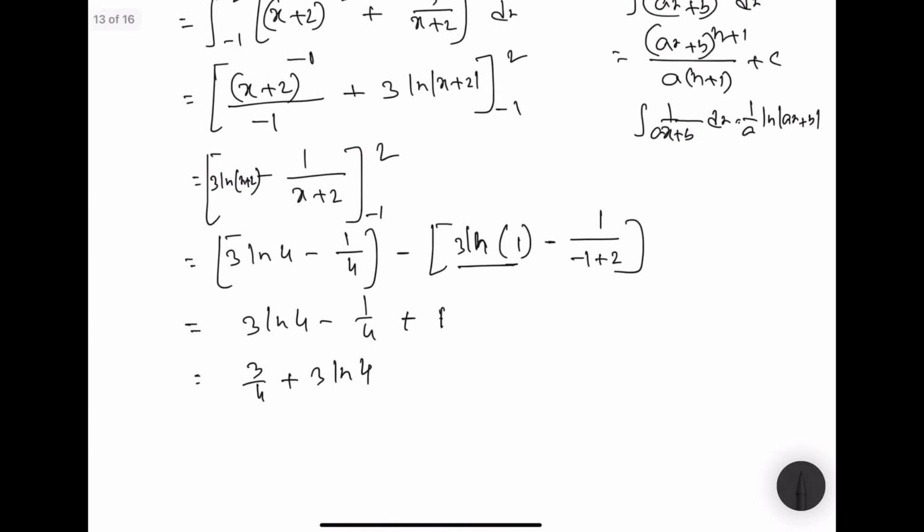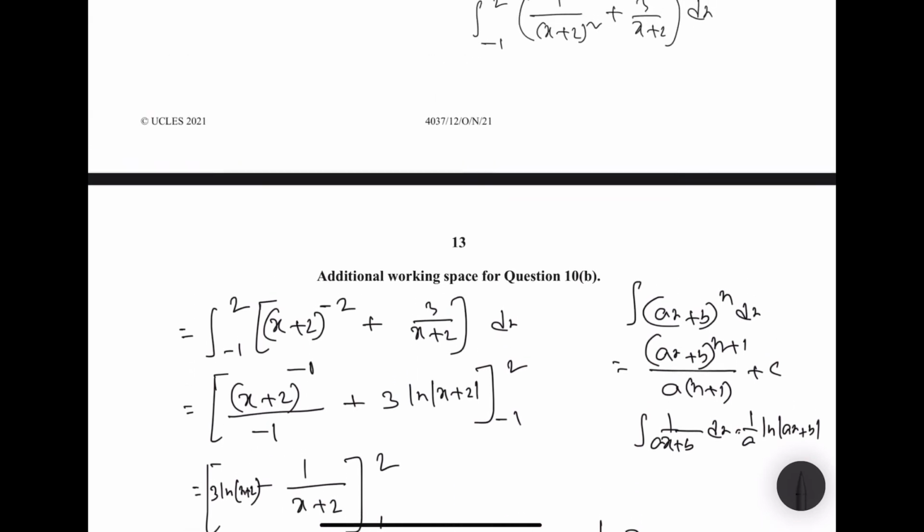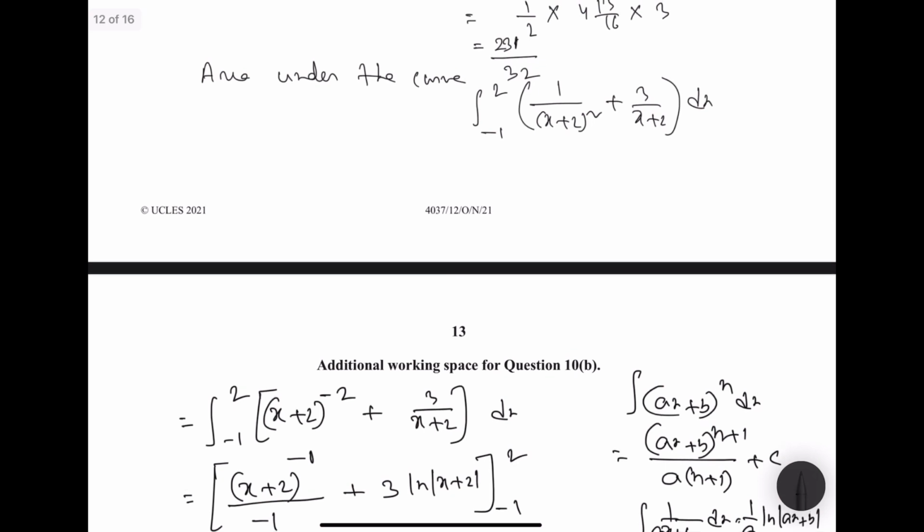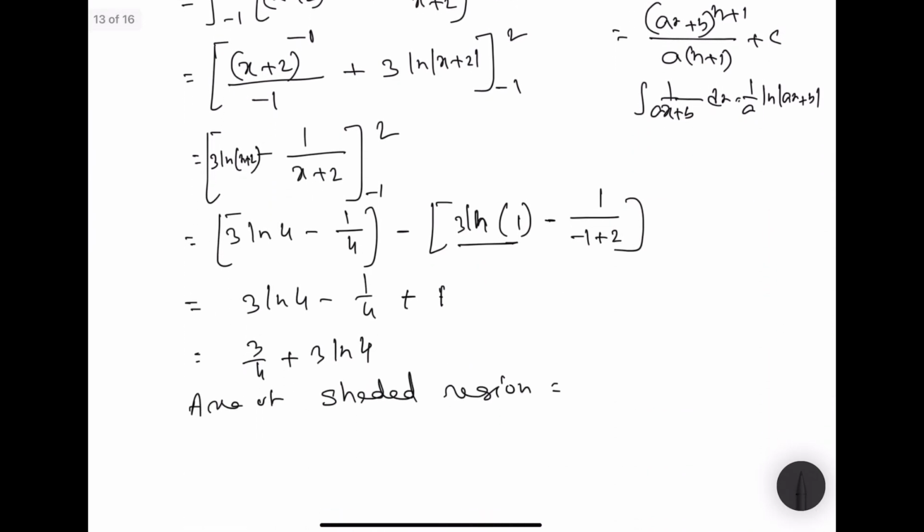So the area of the shaded region equals the complete region's area, the area of the trapezium, which is 231 by 32, minus obviously 3 by 4 plus 3 ln 4.